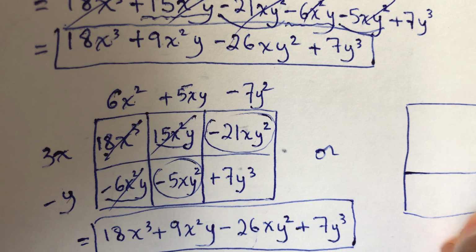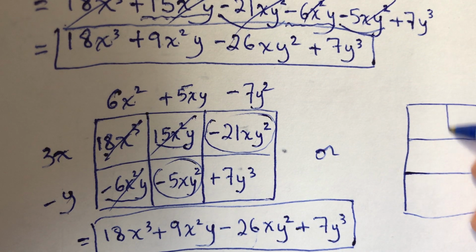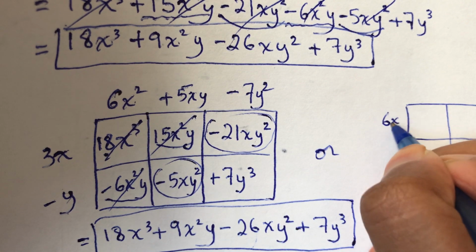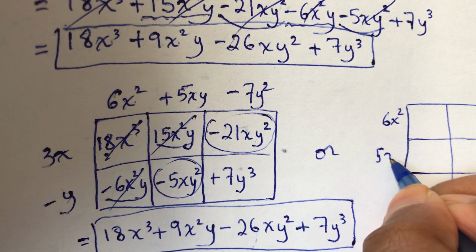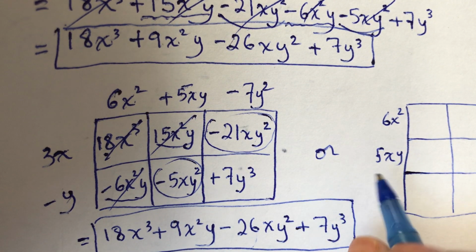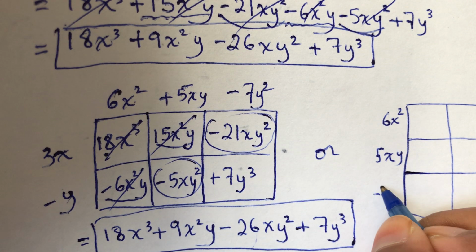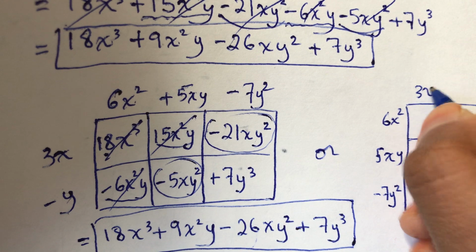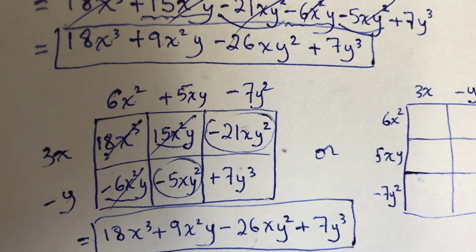So the whole idea is each term should be multiplied by the other term. So I can put my 6x squared, 5xy, and then negative 7y squared like this, and then the 3x and the minus y go up like this.